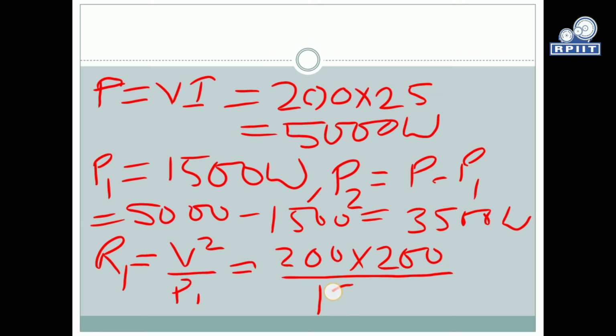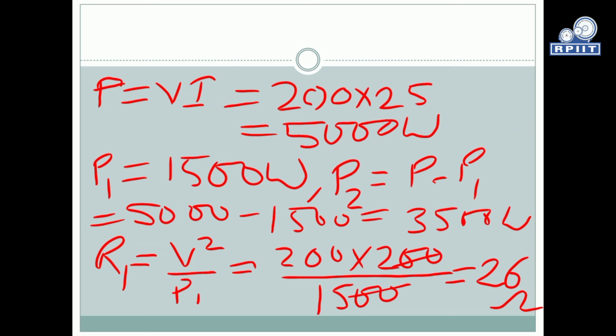P1 is 1500. When we calculate this, we get approximately 400 divided by 15, so it will be around 26 ohm. Now this is the value of resistance R1.